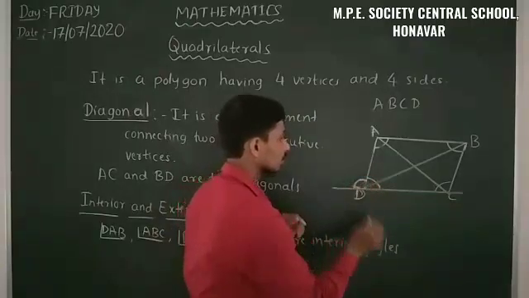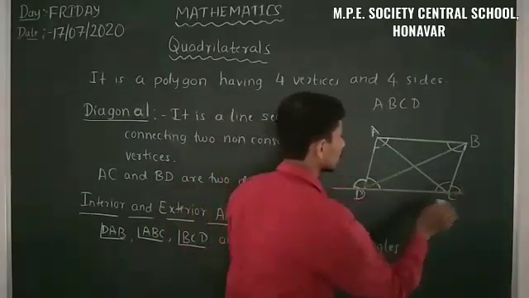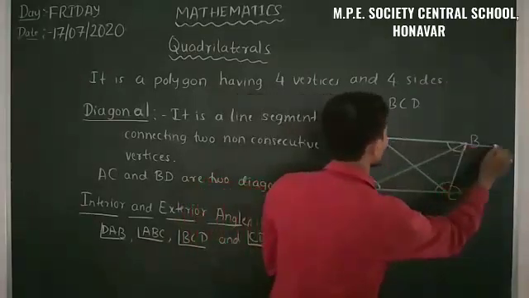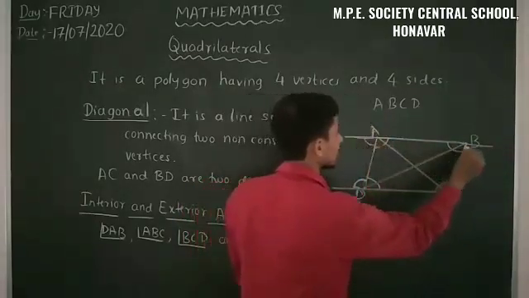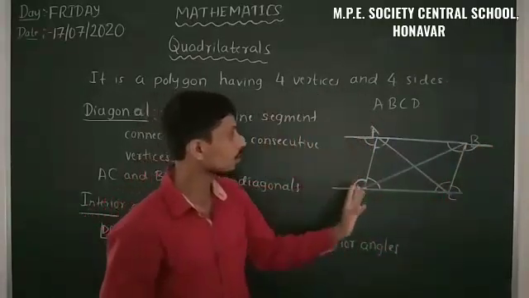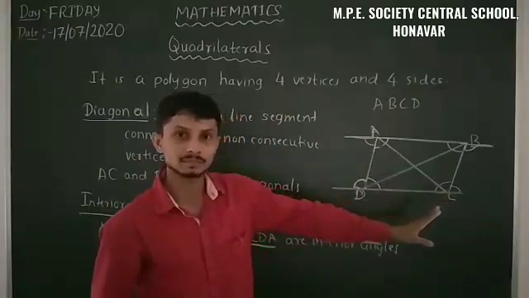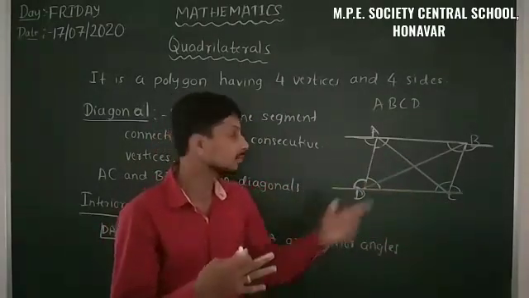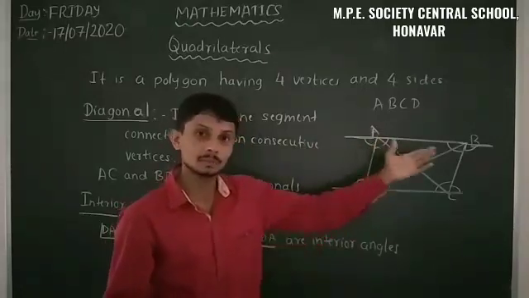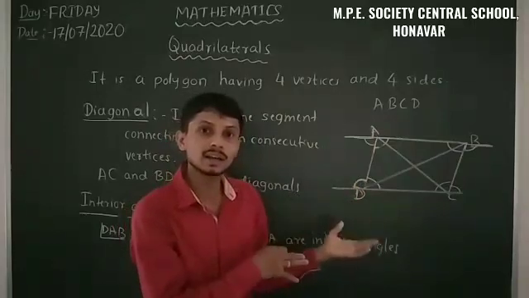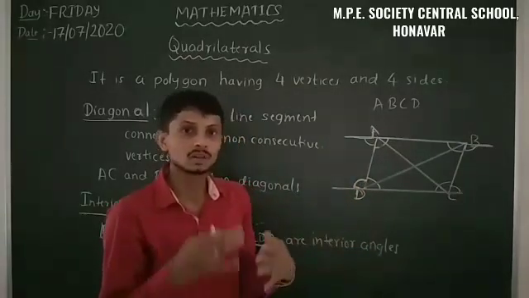Here we make some deviations also. If I extend this line, here also some deviation is there. Here also some deviation is there. Those are called exterior angles, that means outer angles. If you extend a line segment, there is an interior angle and also an exterior angle.